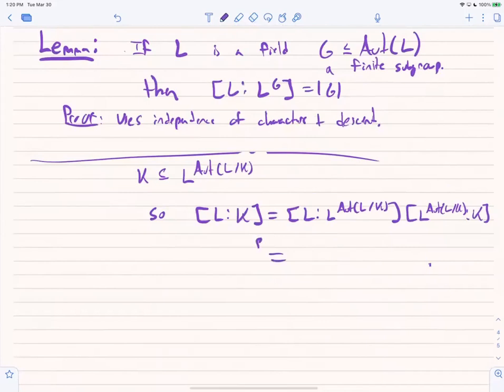So by the lemma, this is equal to the size of this automorphism group times the other index.